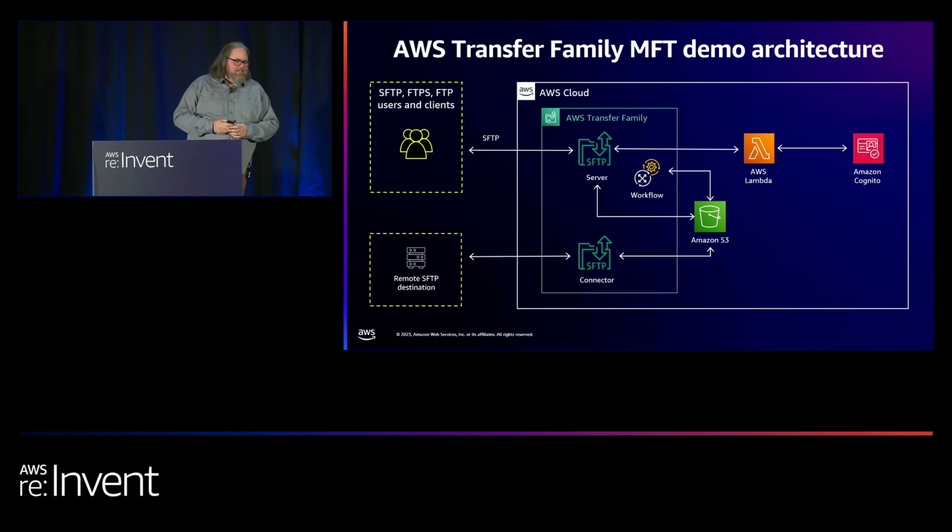But in today's demo, I am going to be doing a bidirectional MFT flow. What's going to happen on the front end is I'm going to publish some data. I'm going to be using Amazon Cognito as my authentication mechanism, and I am going to show you how that all works. And then I'm going to do some processing of those files using workflows. That processing is going to include PGP decrypting the file, so we'll look at that in depth.